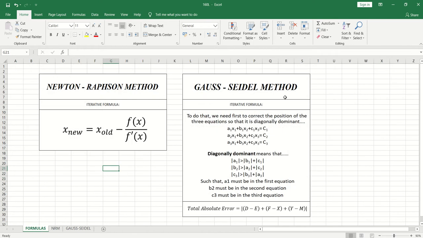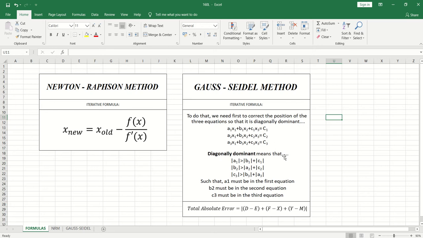For the Gauss-Seidel method, we have this iterative formula. But before we do that, we need to arrange the equations in such a way that they are diagonally dominant, because the Gauss-Seidel method is used in determining the roots of 3 equations and 3 unknowns.